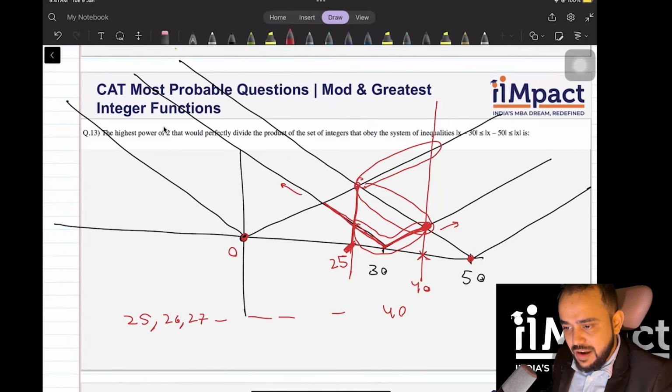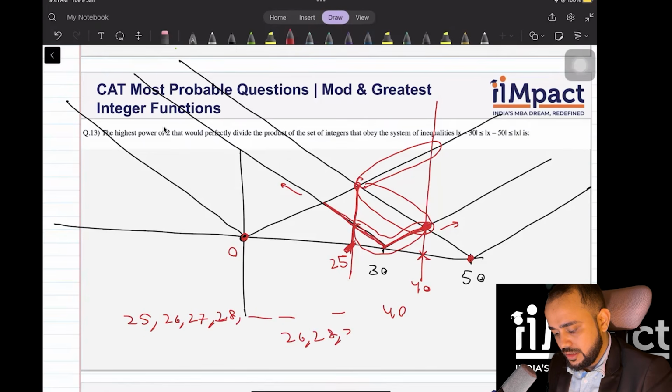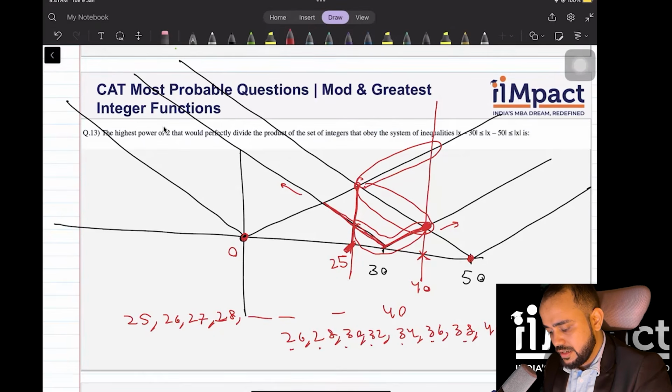First I will find the highest power of 2. Because the numbers are few, you might as well just count: 26, 28, 30, 32, 34, 36, 38, and 40. So you're going to get 1, 2, 3, 4, 5, 6, 7.